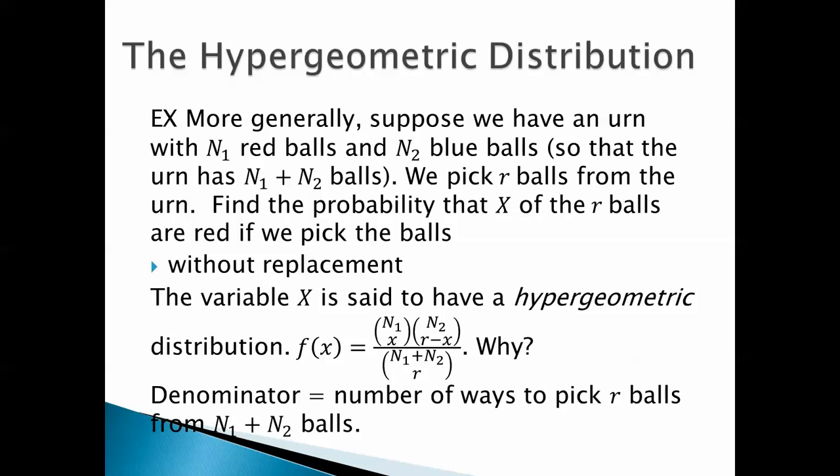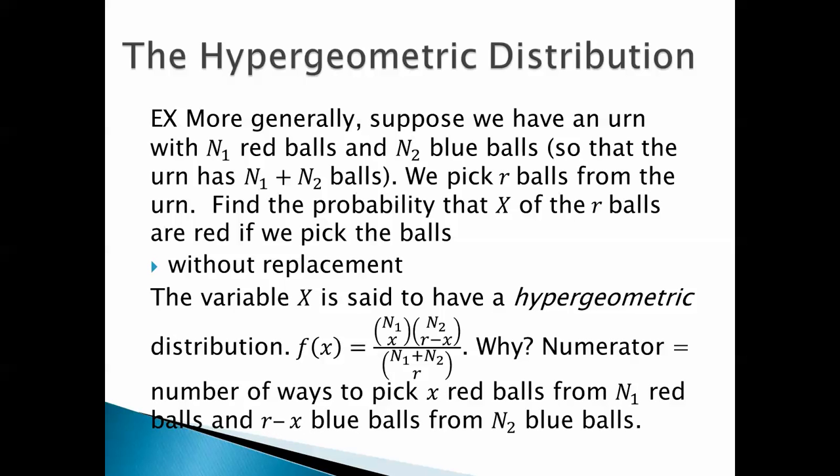And why is this the probability that if you pick r balls, x of them will be red and the others will be blue? The denominator is the number of ways to pick r balls from N1 plus N2 balls. It's N1 plus N2 choose r.